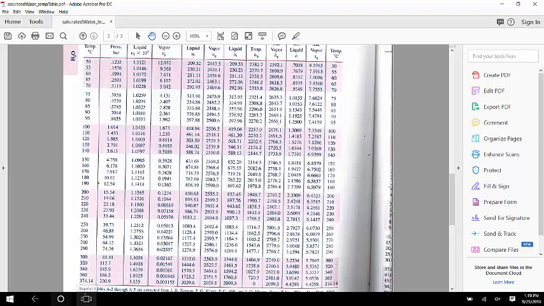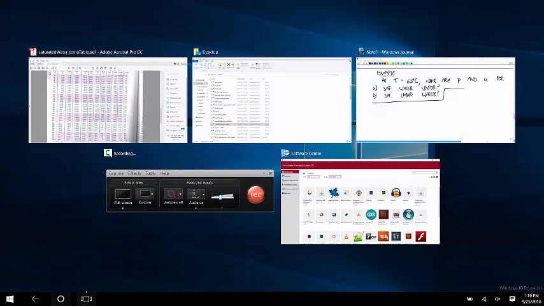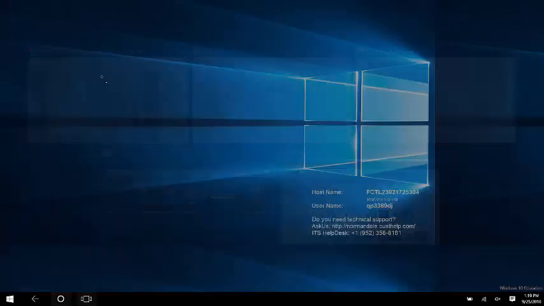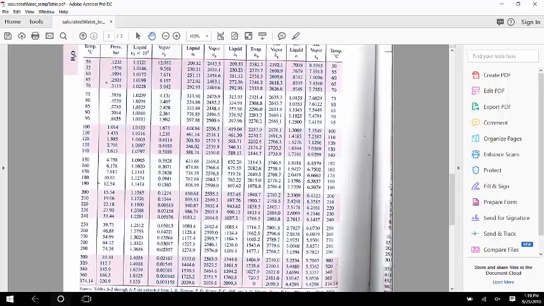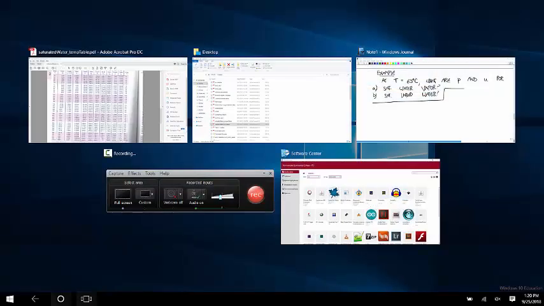So to calculate the pressure, we're going to need the pressure at saturation at 60 degrees and the pressure at saturation at 65. So 0.1994 and 0.2503.